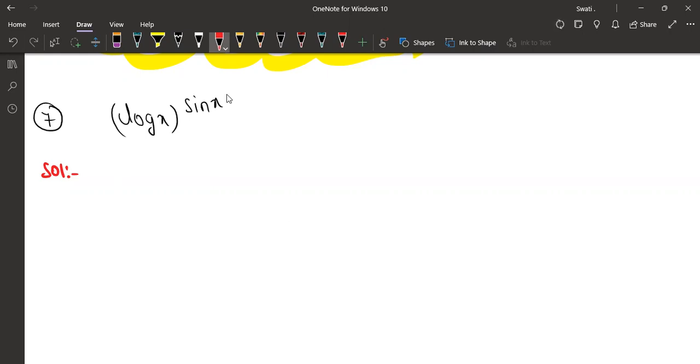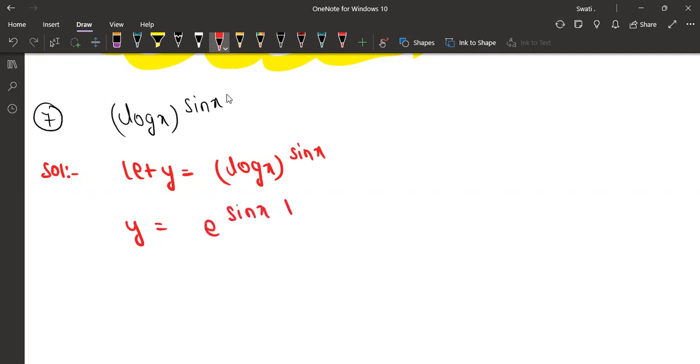So we will first start by taking this function as y. So let y is equal to log x raised to sin x. And now, using the property of log, we can write this as e raised to sin x log x. Because log is together, I am preferring to write a bracket over here.